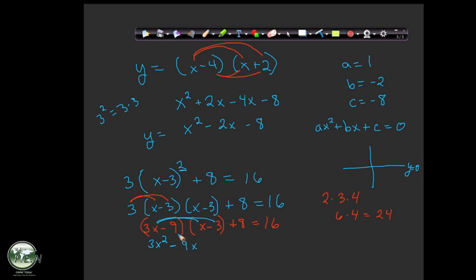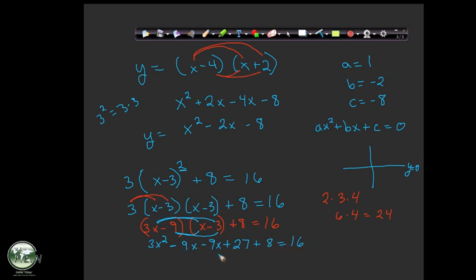Then we take our negative 9 times x, another negative 9x, and then we take the negative 9 times negative 3. Negative times a negative gives us a positive. 9 times 3 gives us 27. We still have the plus 8, and we still have the 16 over here.